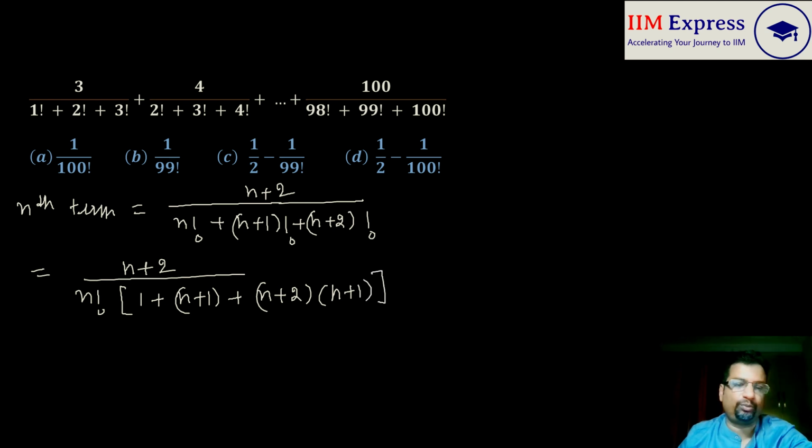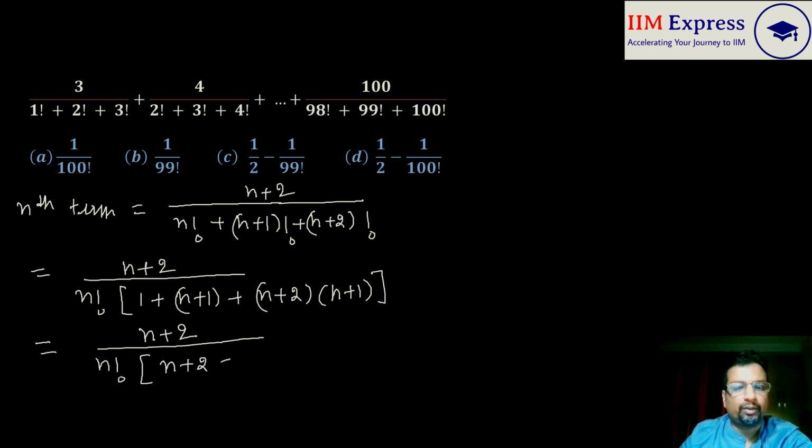This is the denominator. Now the numerator is again the same, n plus 2, and in the denominator I can write n factorial, and in the bracket it is 1 plus n plus 1 plus n plus 2 times n plus 1, right?